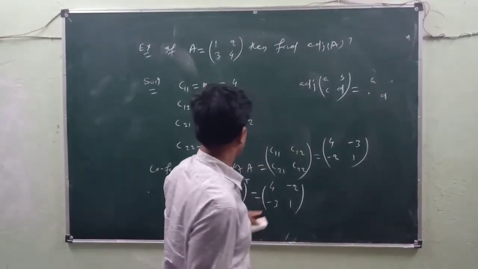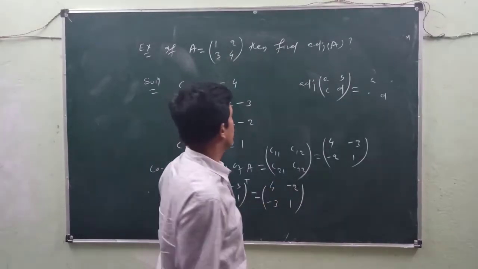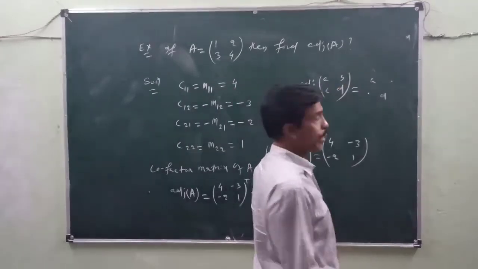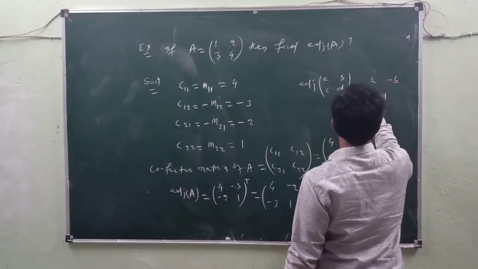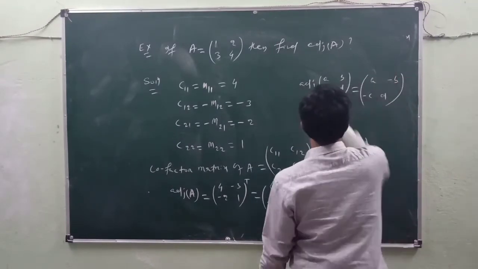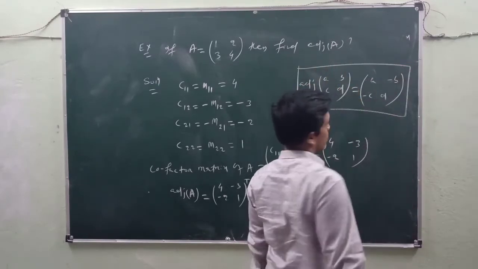Then here 2 and 3 stay in place, but you change these two signs. So it will be minus b and here minus c, which gives the adjoint of A as [d, minus b; minus c, a] like this.